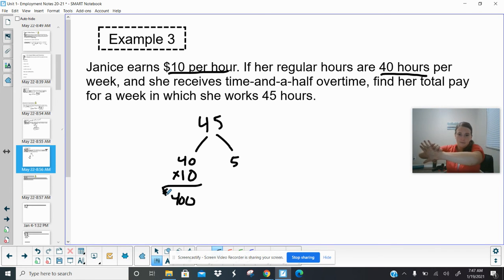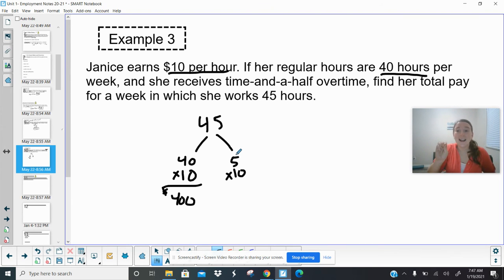Now let's look at the 5. Here's how I want you to think through this because people forget what numbers we need to be using, and if you think in this order, you might not forget. First off, if these 5 hours were normal, we would get $10 per hour, right?